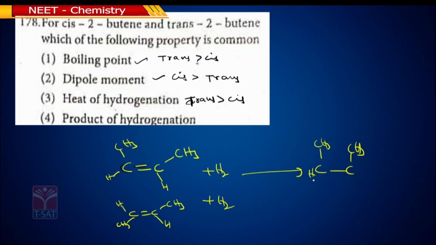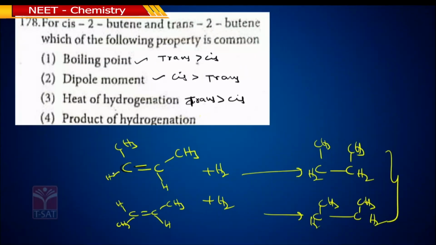Already H is there, one more hydrogen is added. Here also you get the same compound. So, the product of hydrogenation is the same for both cis and trans.